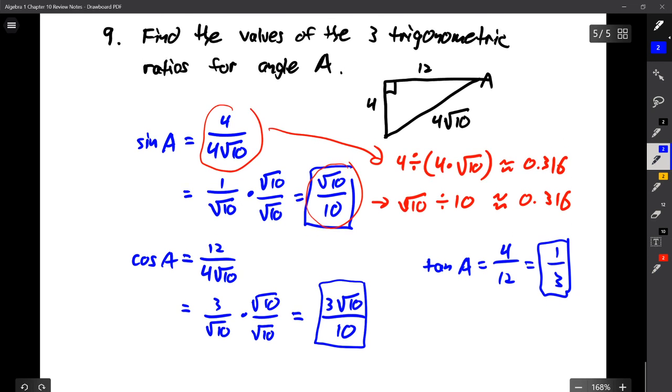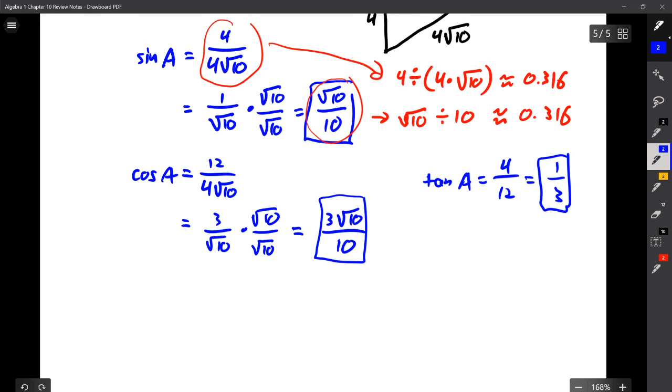There we go. That's number 9. And then number 10 is literally just input on your calculator. So I'll just say like use calculator to find.